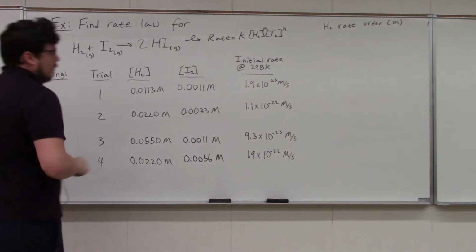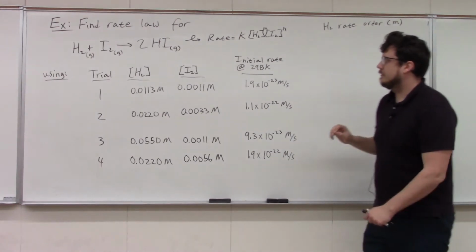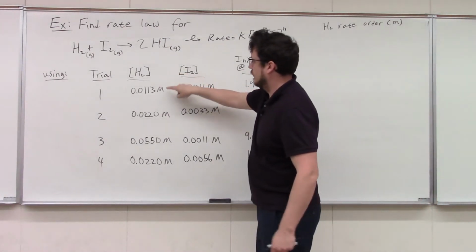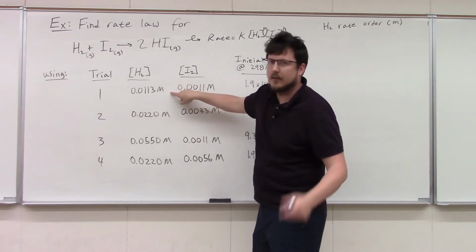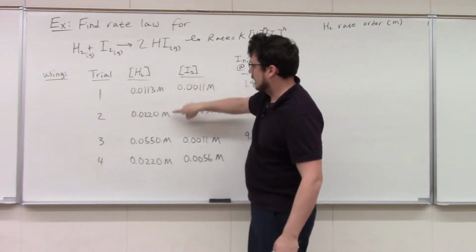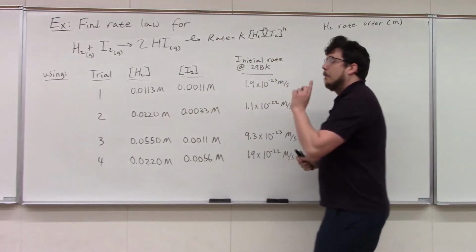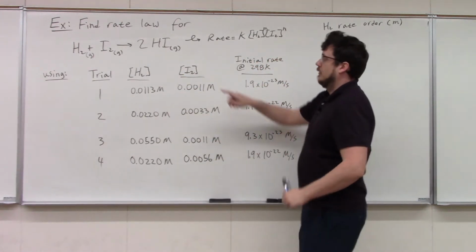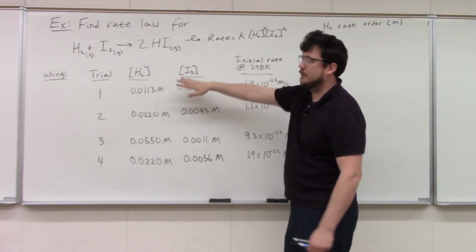We have to choose our points very carefully here. If I want to see what happens when I change the concentration of H2, I need two data points that have different concentrations of H2. That's kind of key, right? I don't want the same number twice for H2 if that's what I'm looking at. But I do want the same number for I2, because I don't want to change both of them at the same time.